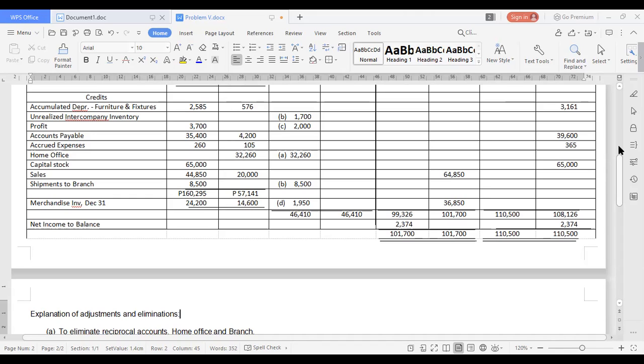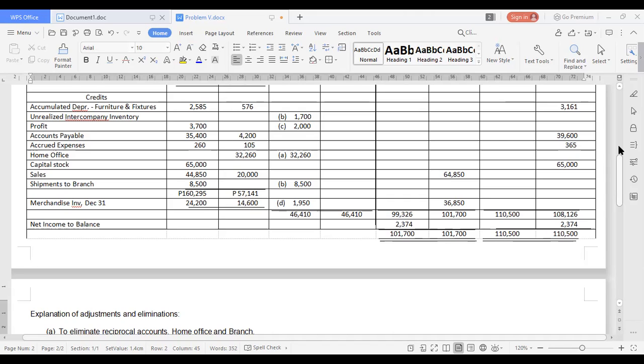So we are through with requirements 2 and 4. Let's now go to requirement number 1, which is your balance sheet and the income statement for the branch and the home office. Requirement number 1, prepare individual statements for the branch and the home office.